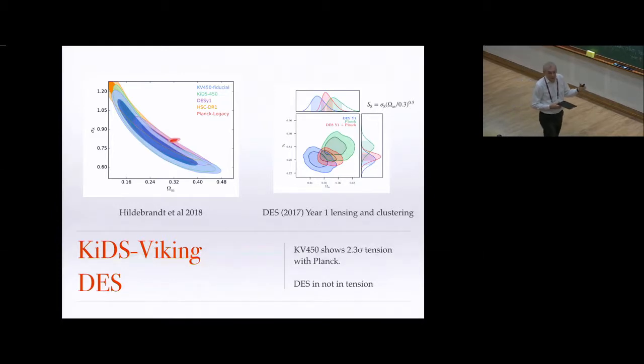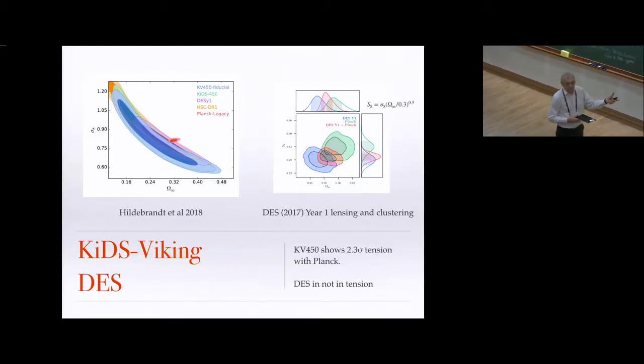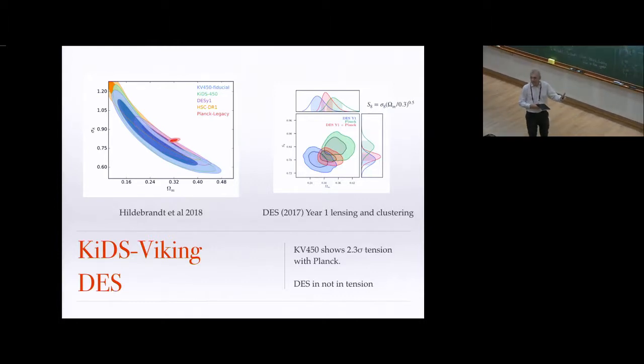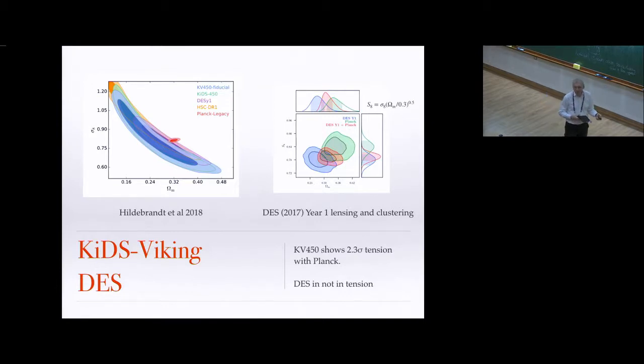So if these two are really different, and this is really new physics which is coming in here, then one possibility is that those fluctuations have grown slightly more slowly than Lambda CDM would predict. So you could do that, for example, by changing the dark energy properties, by allowing w not to be -1, or you could also do it by changing the gravity law so that things grew a little bit more slowly. So this is an interesting curiosity.